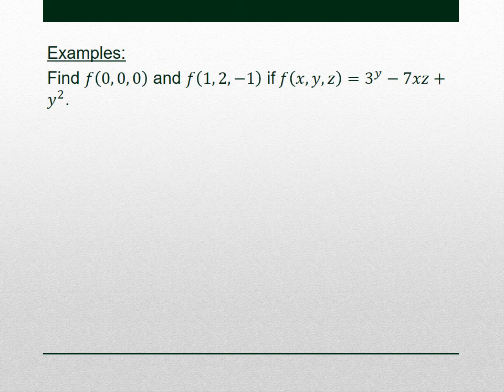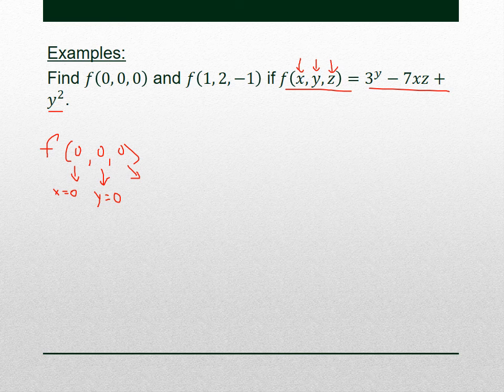Okay, now let's do a function of 3 variables. All right, so I have f of x, y, z, and then it's a bunch of stuff with x's and y's and z's. And I want to find f of 0, 0, 0. So this first 0 is this x, so that means we're plugging in x equals 0. The second 0 is this y, so that means we're plugging in y equals 0.